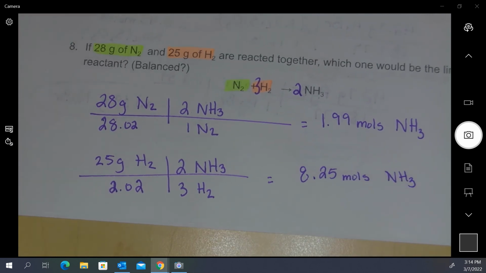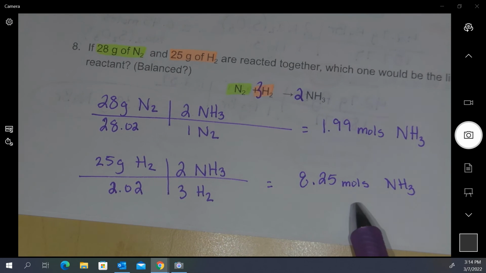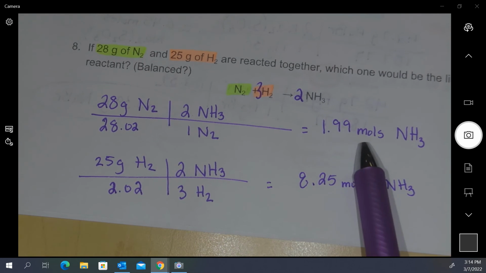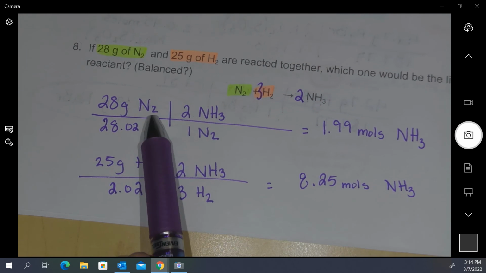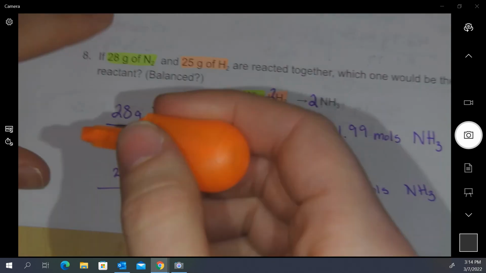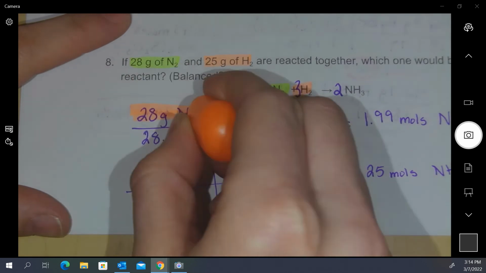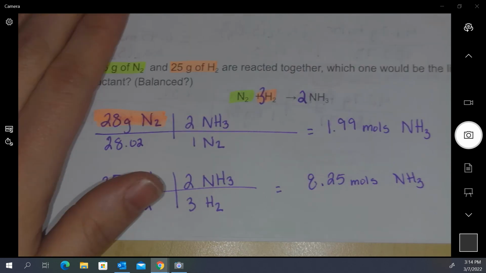So comparing these two numbers, which one's smaller, my top or my bottom? Top is smaller, which means what is my limiting reactant? Hydrogen or nitrogen? Nitrogen. 28 grams of nitrogen is my limiting reactant. So that's your answer for that one. And that was number 8.